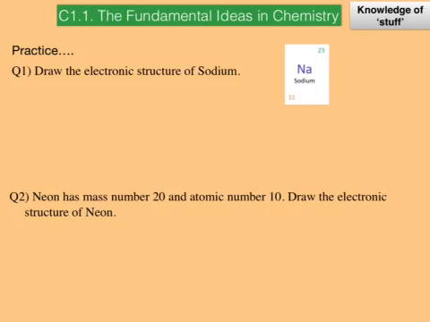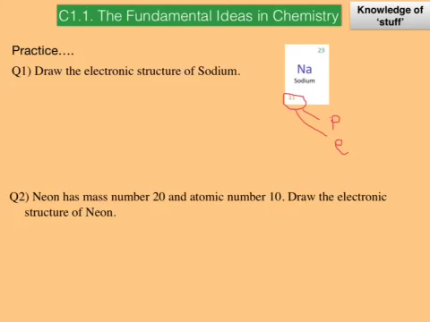So let's just have a look at the first example of sodium then. Hopefully we've remembered that the smallest number, or the atomic number, tells us the number of protons, and it tells us the number of electrons.